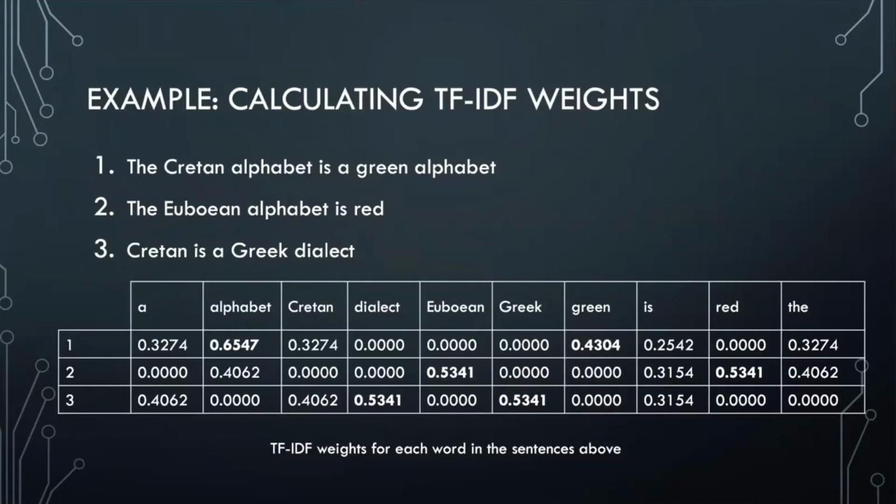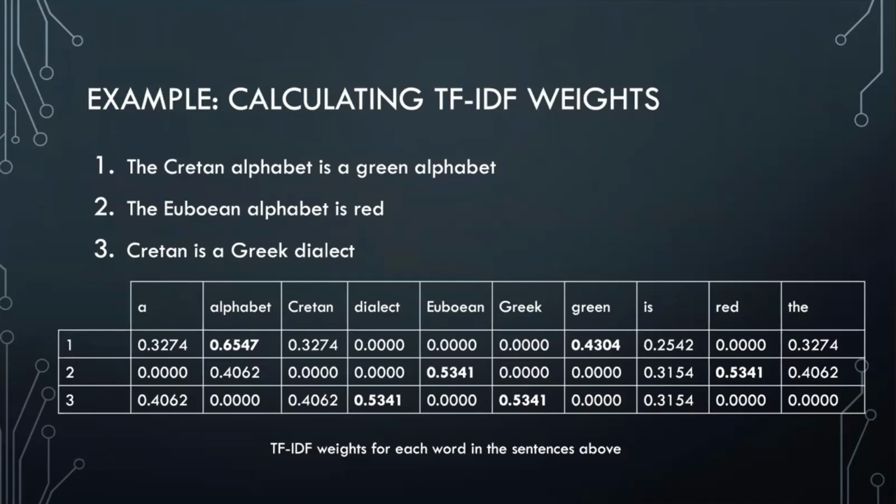To illustrate this a bit more, let us imagine that we would like to measure the similarity of these three sentences so we can cluster them. The Cretan alphabet is green. The Euboean alphabet is red, and Cretan is a Greek dialect.